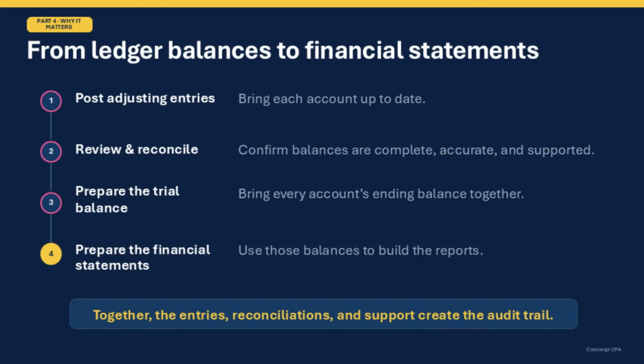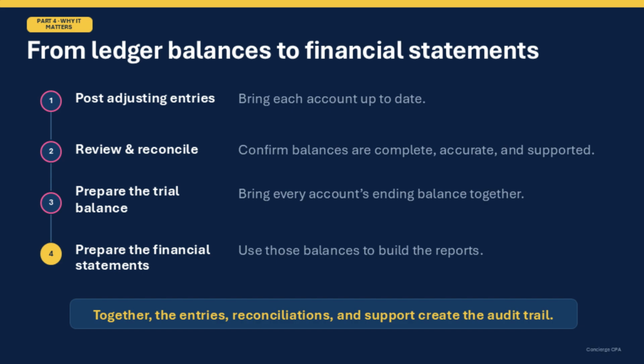So why does the general ledger matter? Transactions get posted and each chapter builds up a balance. Now, what do we actually do with all that information? At the end of the accounting period, we post any adjusting journal entries needed to bring the accounts up to date. Then we review and reconcile the account balances to make sure that they are complete, accurate, and supported by valid documentation.